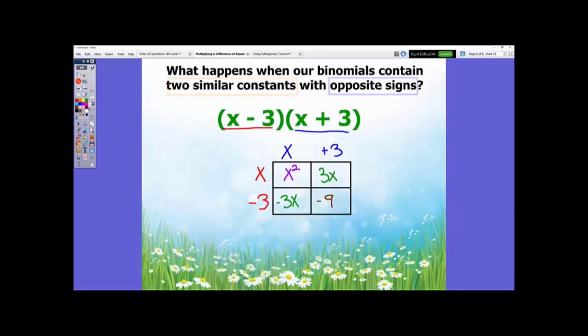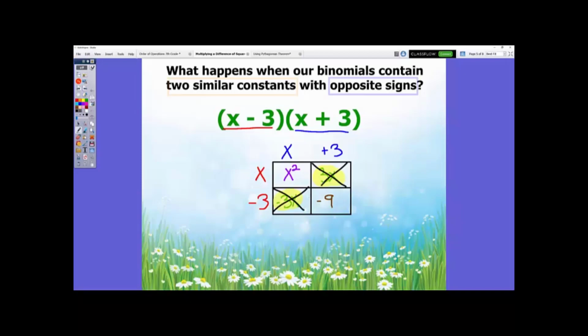As you can see, when we combine our like terms, here we have a -3x and a +3x, the exact same thing that happened in example number 1 is going to take place again. Both of our terms with the variable x to the power of 1 are going to cancel each other out, because -3x combined with +3x gives you 0.